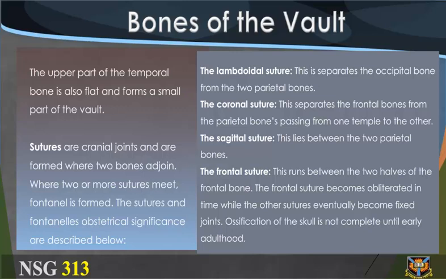Sutures. Sutures are cranial joints and are formed where 2 bones are joined. Where 2 or more sutures meet, a fontanelle is formed. The sutures and fontanelles and their obstetrical significance are described below.